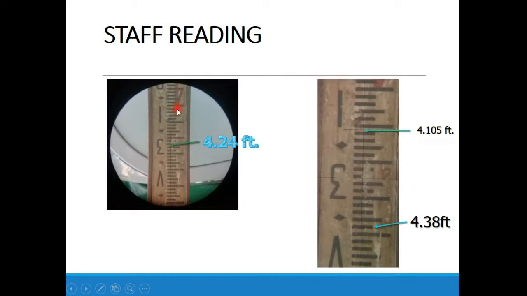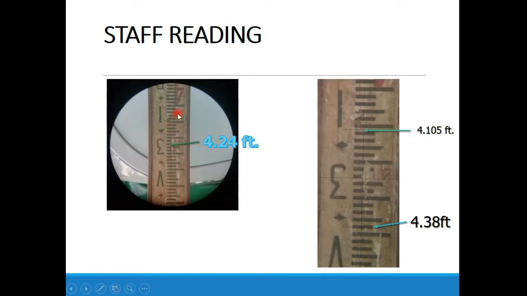So these black numbers, like I said, are representing 1/10 of a foot. So from 4, we have this 1, the longer graduation. Then we have 2, and then we have the 100th graduations.